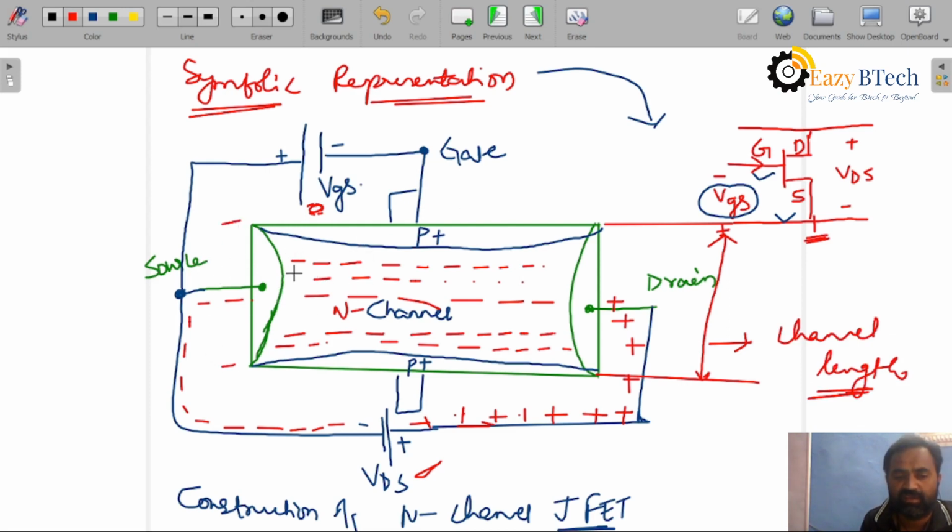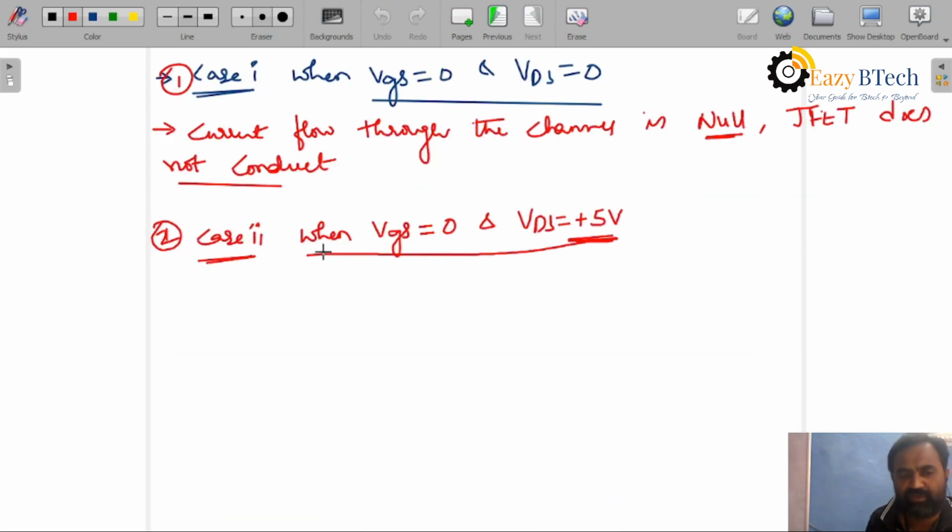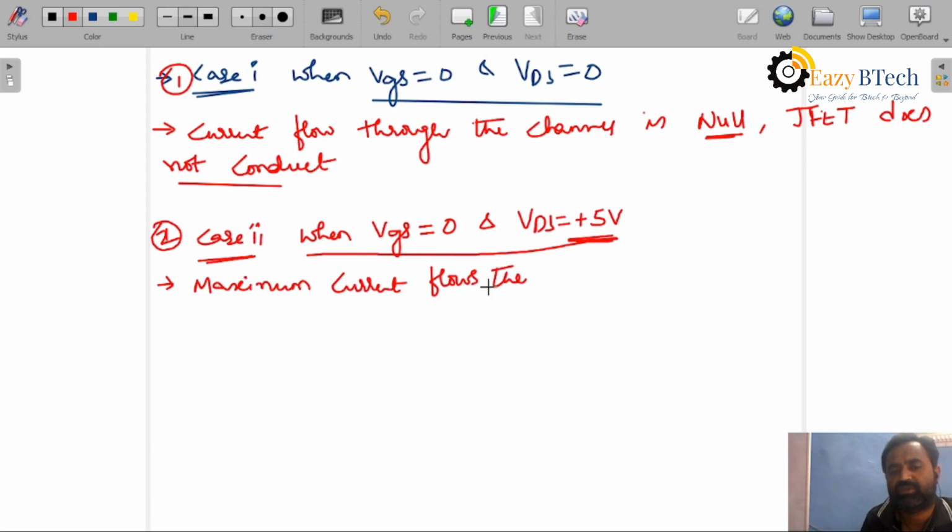Now you can see when VGS is 0, maximum electrons will flow. In case 2, when VGS is 0 and VDS is plus 5, maximum current flows through the channel. The transistor starts conduction.